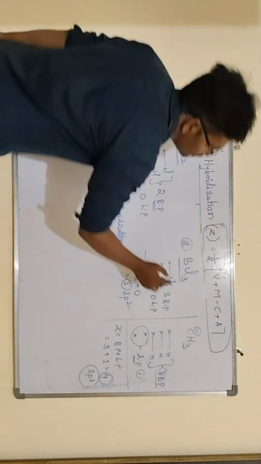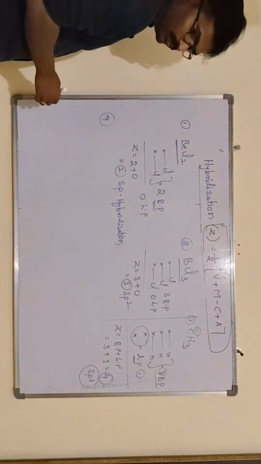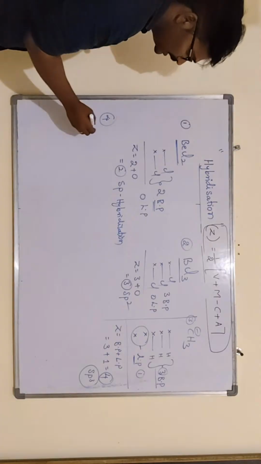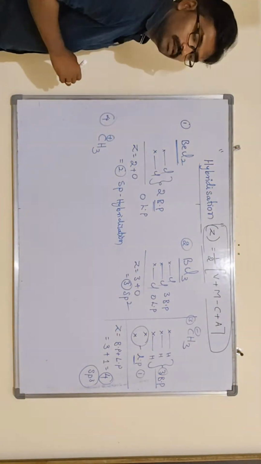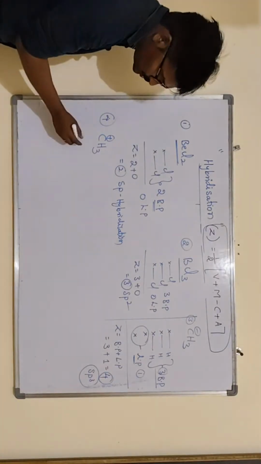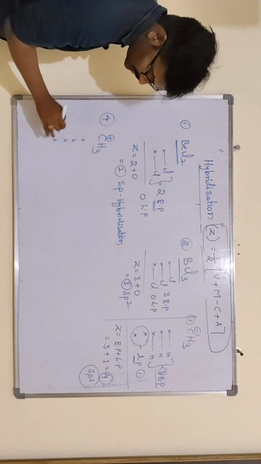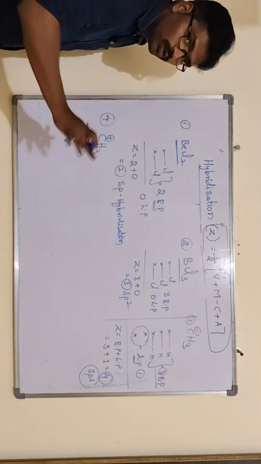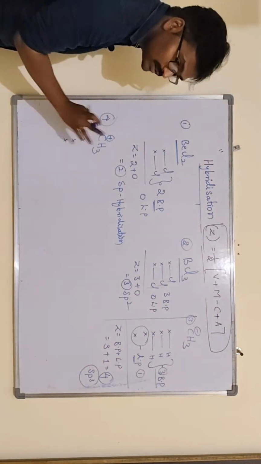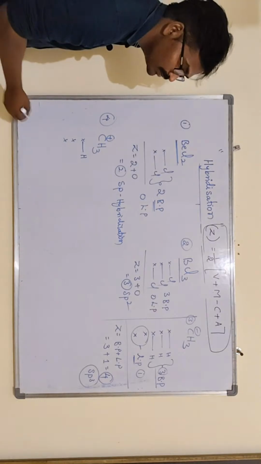Then example number 4, in case CH3 plus is there. Carbon belongs to the 14th group, so 4 electrons we can expect. But a positive charge is there, so one electron we have to remove. Then the remaining 3 electrons are there. Each electron is combined with a hydrogen atom.